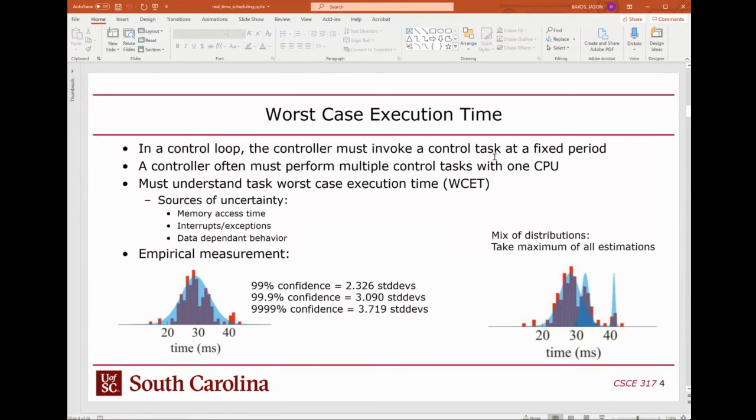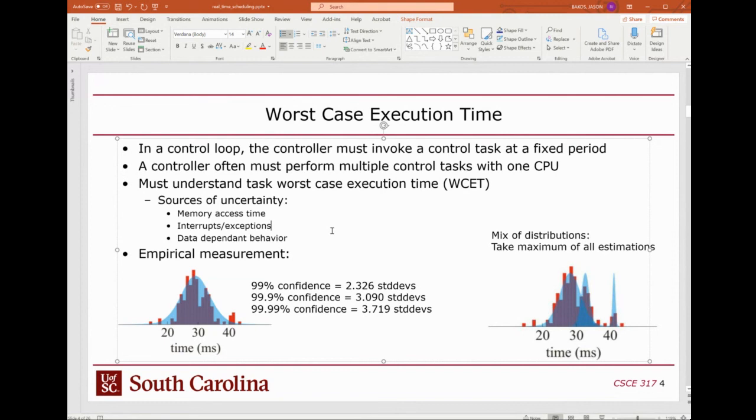And likewise, you can go up to 99.9 or 99.99. Sorry, that's a typo. There should be a decimal point there. So 99.99% confidence would be 3.719 standard deviations. Okay, so that's one way to do it, although there's still a very small chance that you may have an execution time that's longer than that, in which case your real-time schedule may not work.